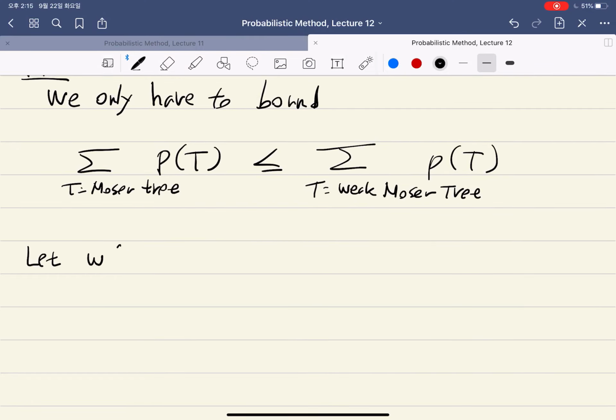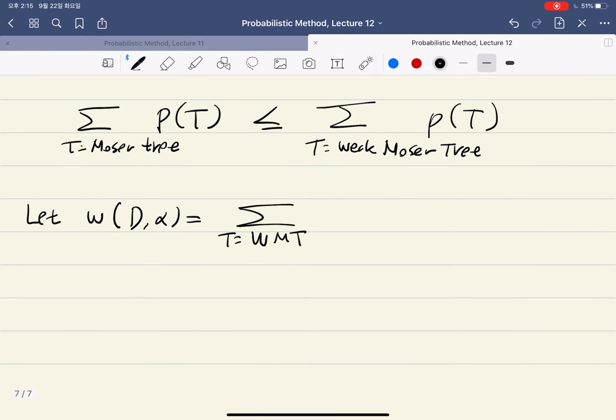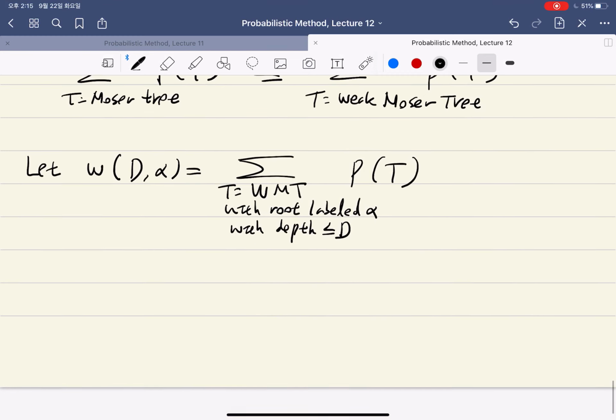And let W_d alpha be the weak module trees with root label alpha and depth at most d. For that, we add all the P of T.